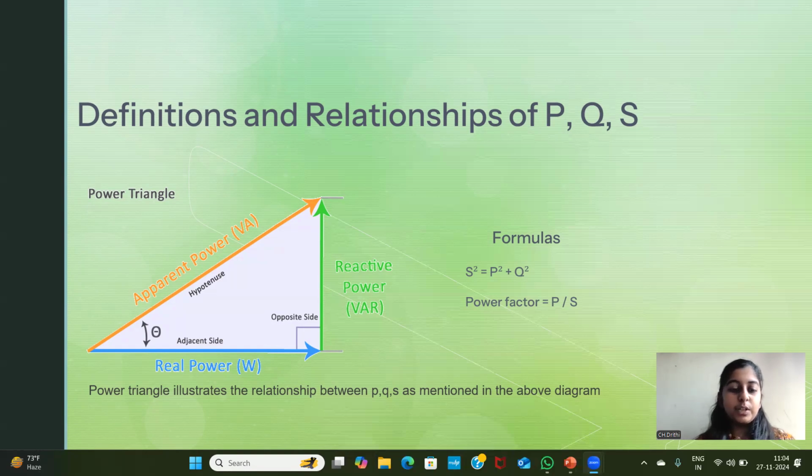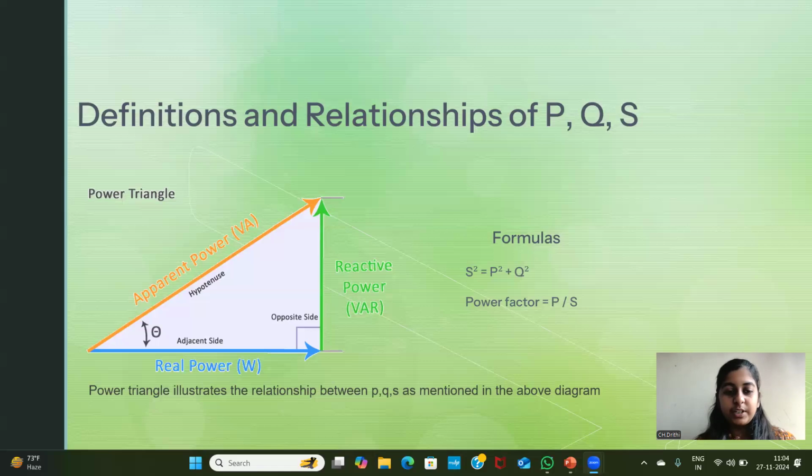So in the diagram given, we can see the hypotenuse as apparent power, the base or adjacent side as real power, and the opposite side or height as reactive power.